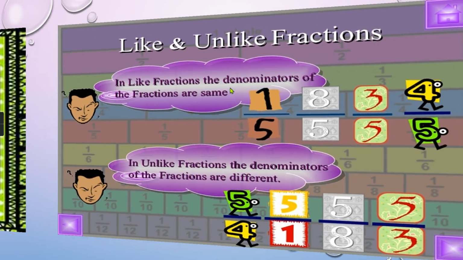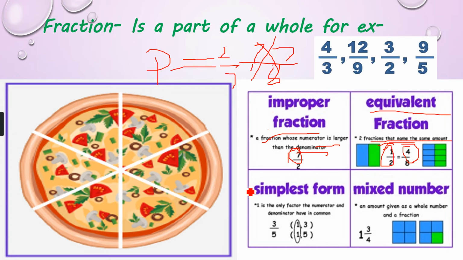Now after that, let us first learn about simplest form. Simplest form is basically when the only factor that the numerator and denominator have in common is 1. So like there are two things given here, 3 upon 6 and 4 upon 8.